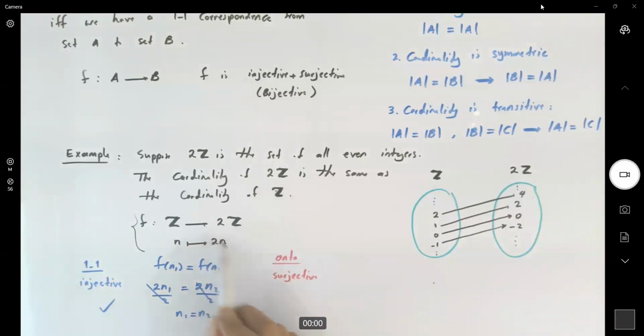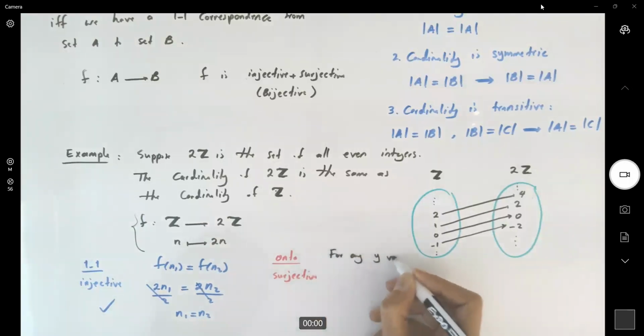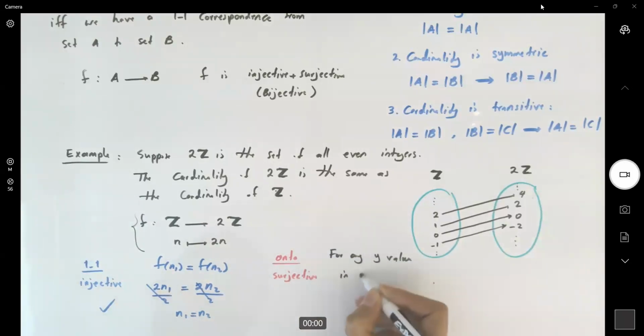For any y value in 2Z, we can find x in Z such that f of x is equal to y.